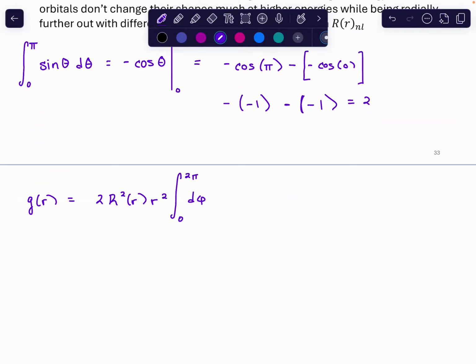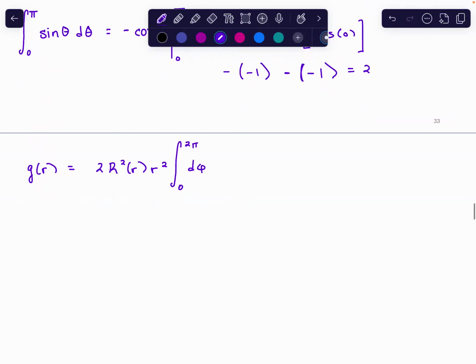Now, of course, we know an integral over a differential is the best integral we can get, because the integral of d phi just comes out to be phi integrated at the limits. So this will be 2 r squared, phi evaluated from 0 to 2 pi.